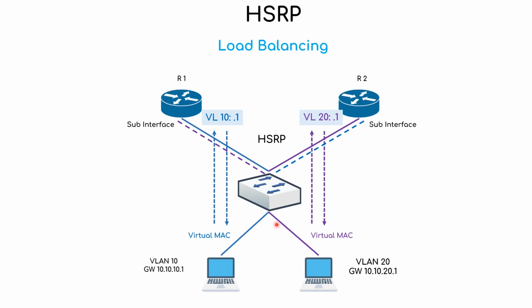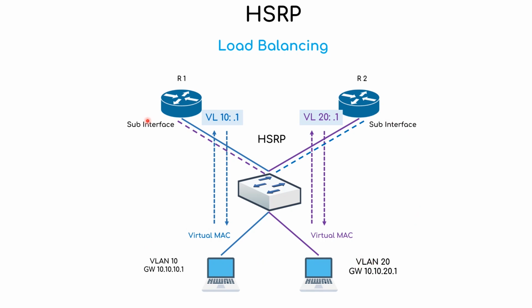For example, in this network, I have two subnets, VLAN 10 and VLAN 20. Router 1 and router 2 connect to the LAN switch using VLAN trunking and a router-on-a-stick configuration. Router 1 will be the active router for VLAN 10 and handle the traffic for this VLAN. Router 2 will be active for VLAN 20.